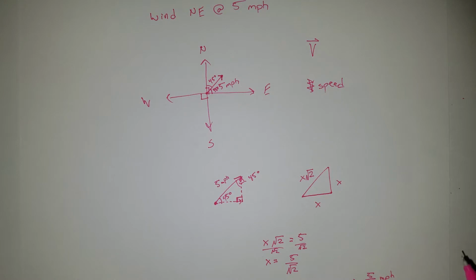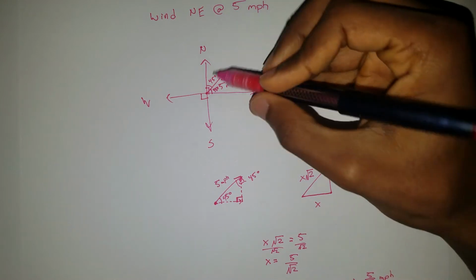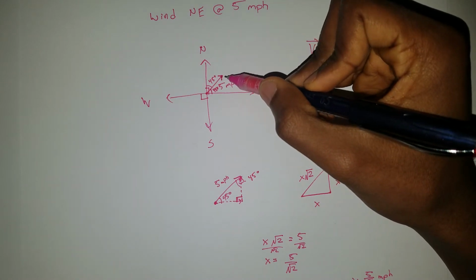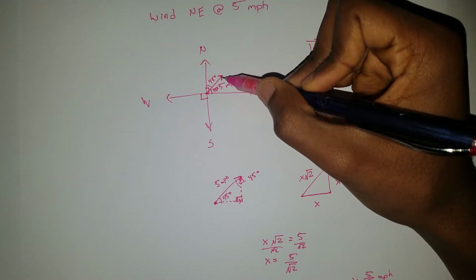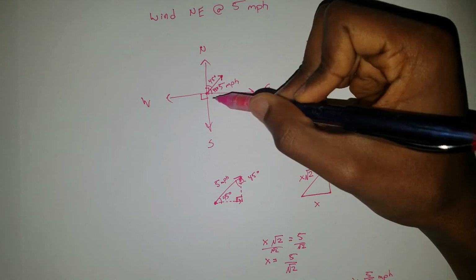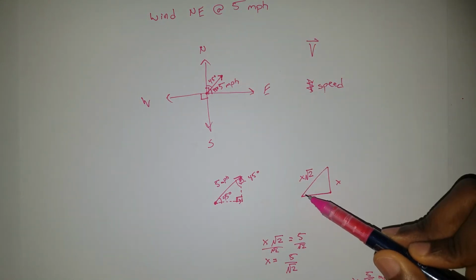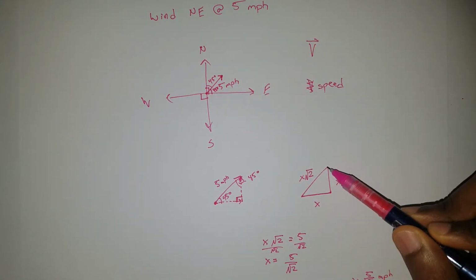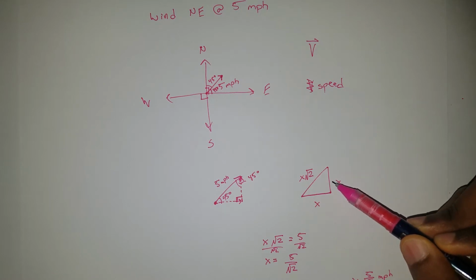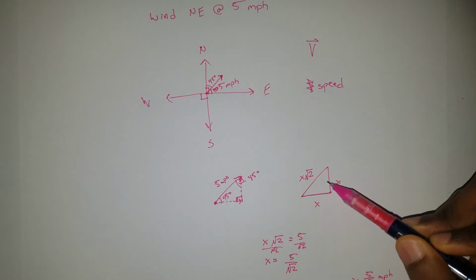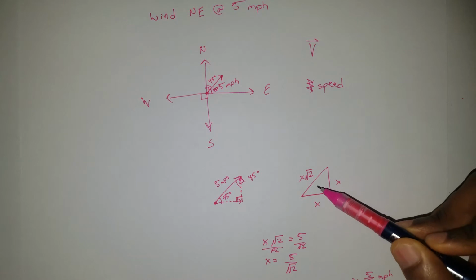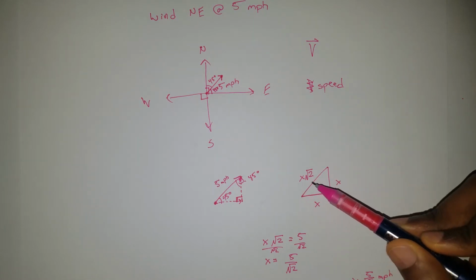An interesting thing to note here is that the resultant vector in this case is bigger than its components, and we know that geometrically because the hypotenuse of a 90-degree triangle is always bigger than the sides.